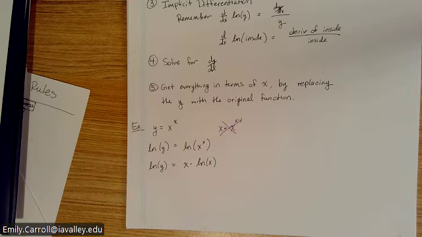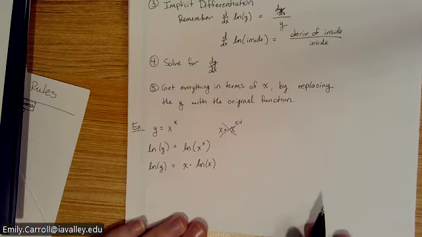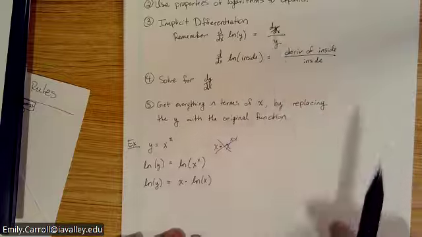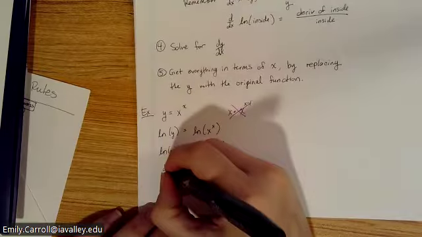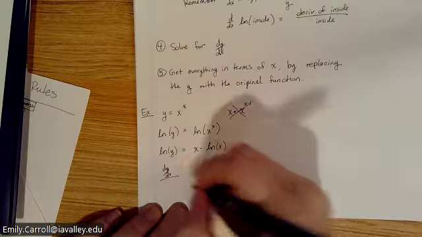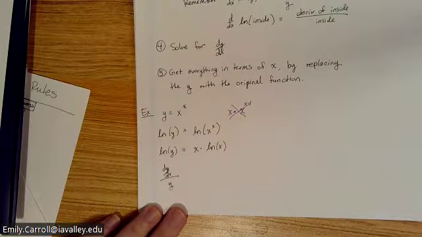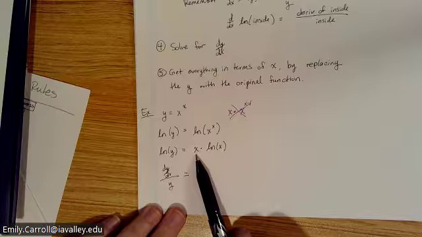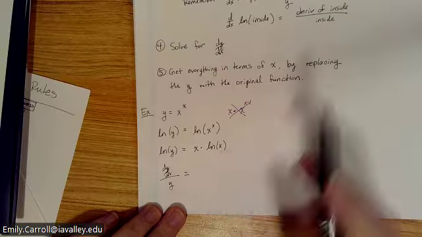Right? So taking the derivative of both sides, the derivative of ln of y is dy dx over y. dy dx over y equals product rule here. So derivative of the first is 1 times keep the second.